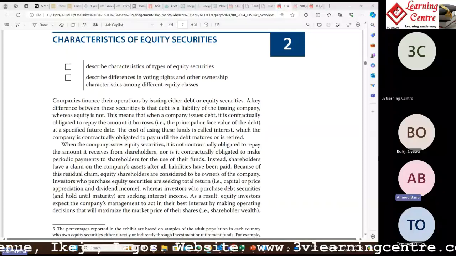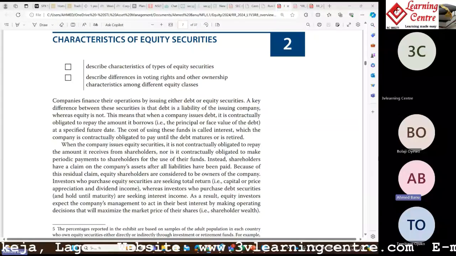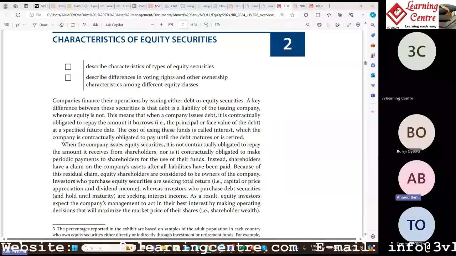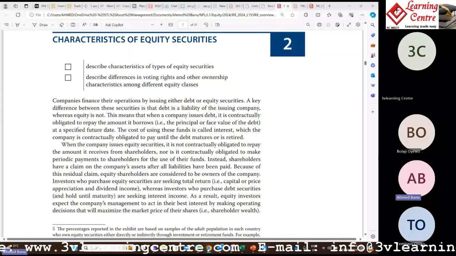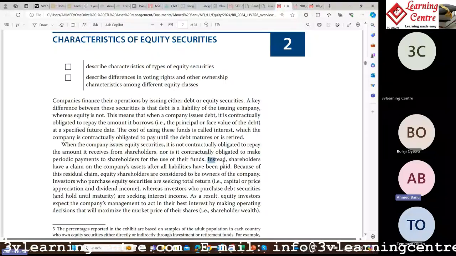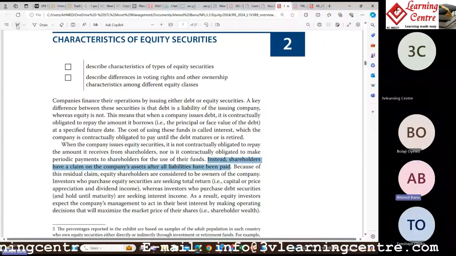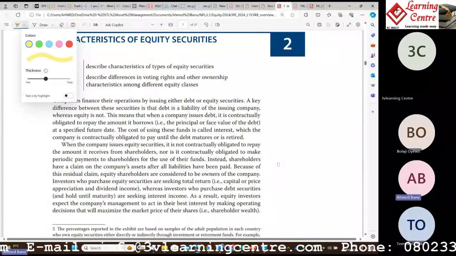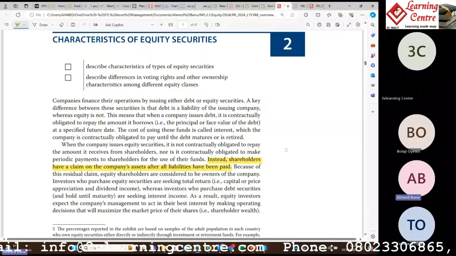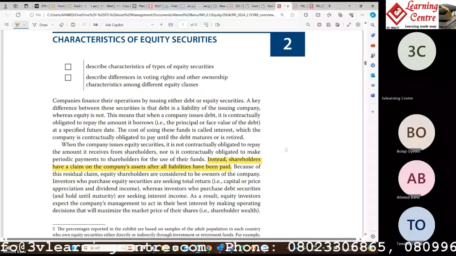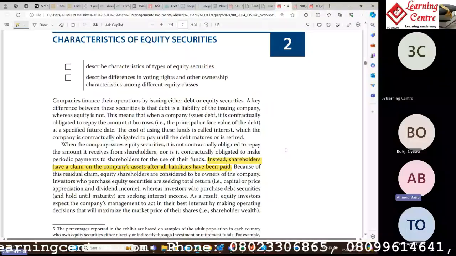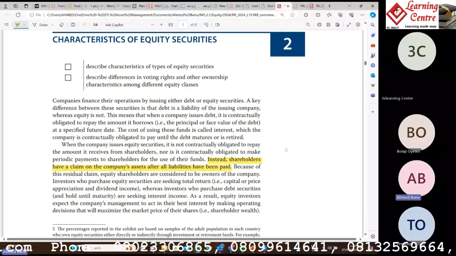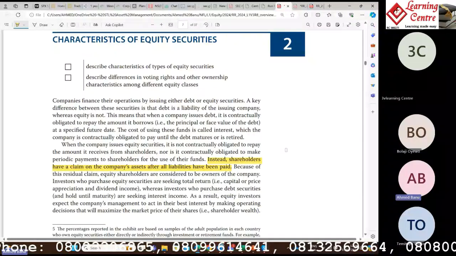So everybody will now ask, what is the essence of me buying the stock of a company? What is the essence of me owning shares of a company? What are the benefits of me owning shares? The curriculum first states that shareholders, your first benefit is that you have claims on the net assets, meaning that you have claims on the assets after the liabilities have been paid.